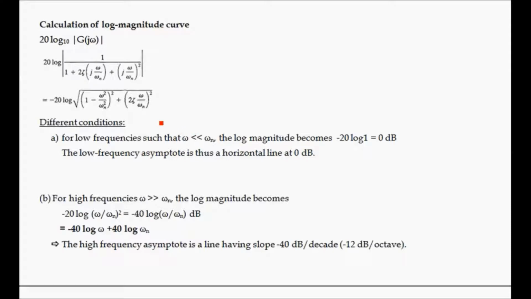For the log magnitude curve, we take the mod of this transfer function and put it in the form 20 log mod G(j omega). Here the real part is equal to 1 minus omega square divided by omega n square, and the imaginary part is equal to twice zeta omega divided by omega n.